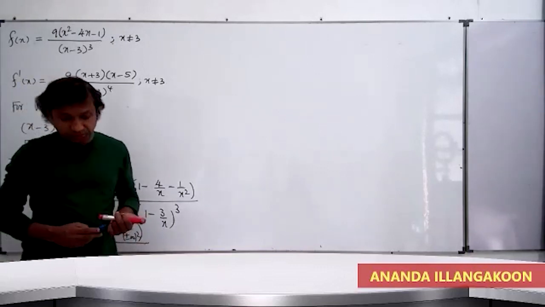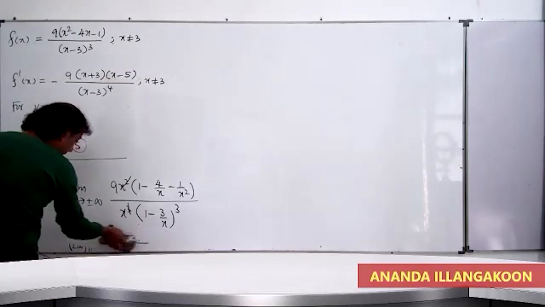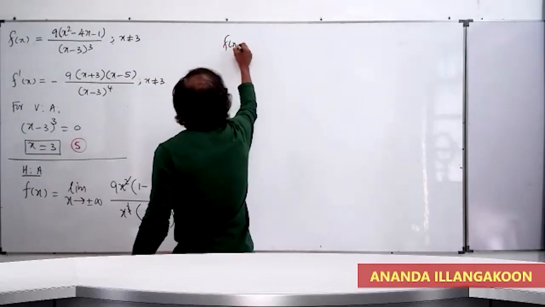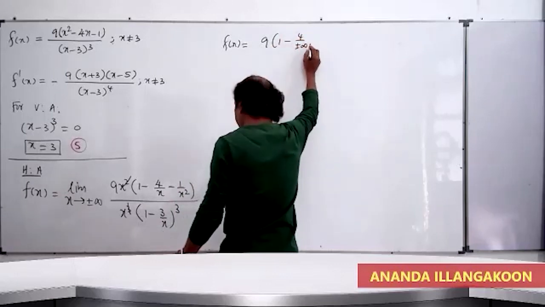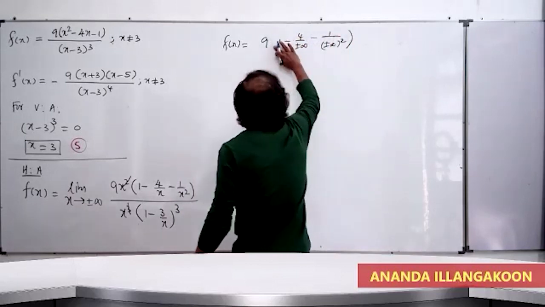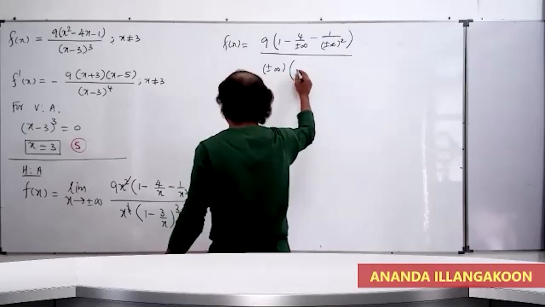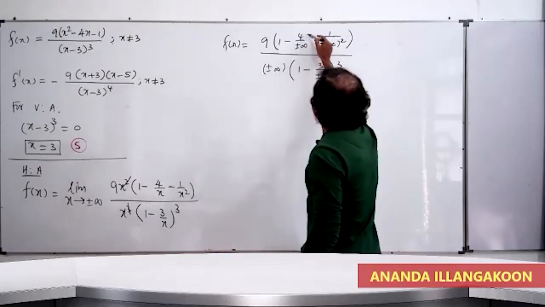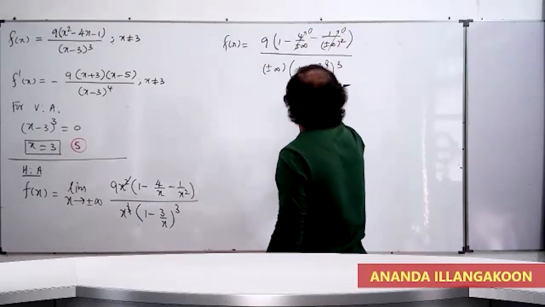Now, this is 0, this is also 0, then within the bracket we get 1.